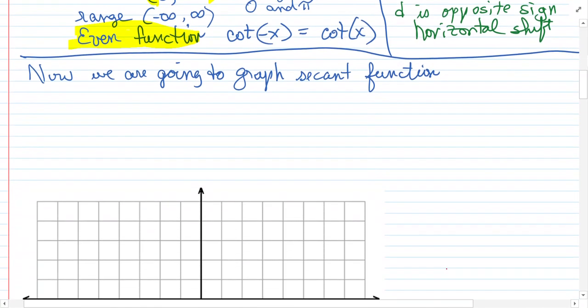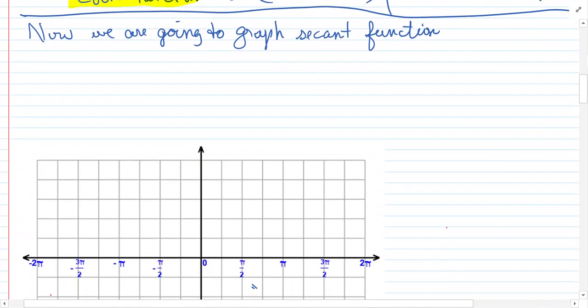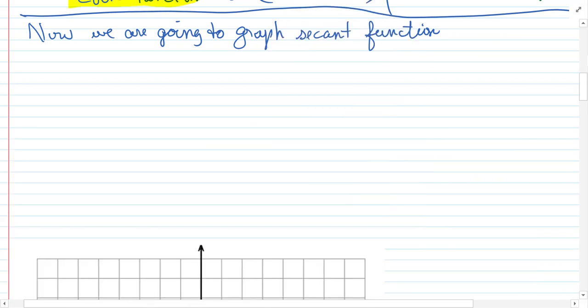So now we're going to graph the secant to start with. And we need to look at what's happening. We know that the secant of any angle is going to be the reciprocal of the cosine of that angle. So we want to see what happens with some of the values.